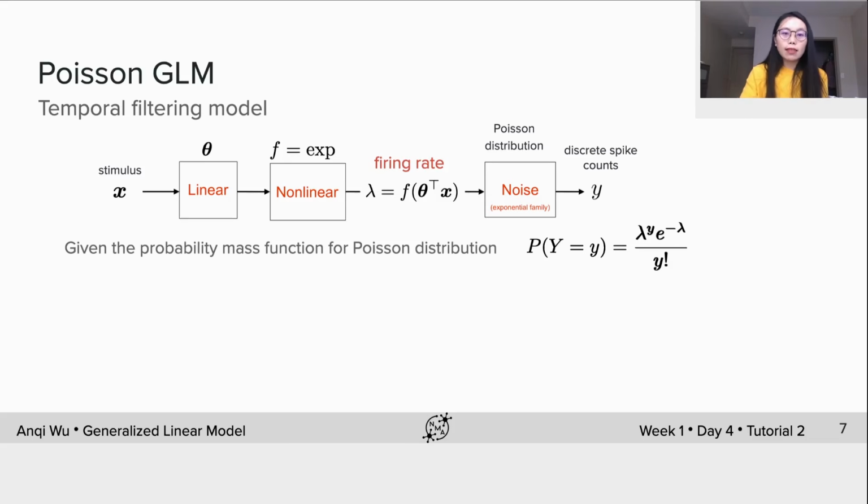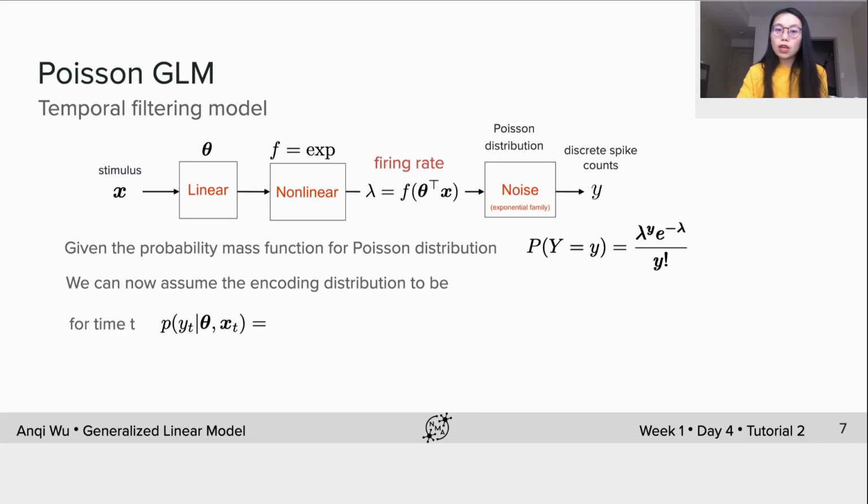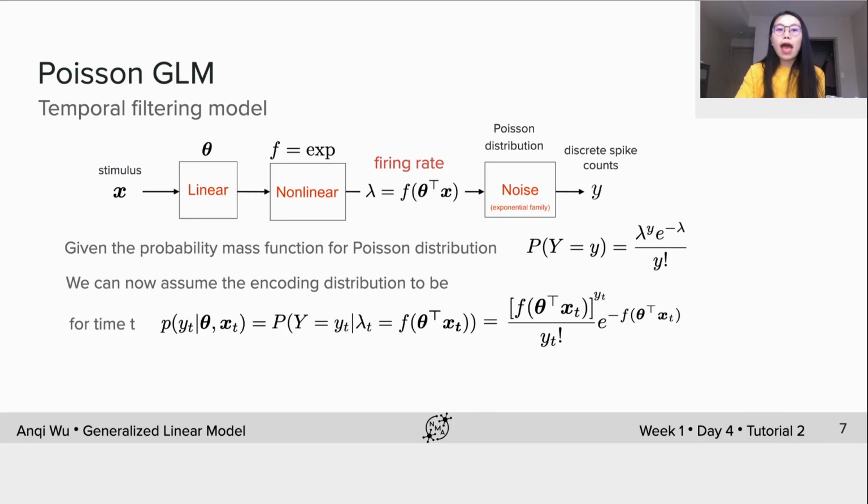Writing it in the context of the temporal filtering model, we can now assume the encoding distribution p of yt given theta and xt to be equal to the above mass function when capital Y is equal to small yt and lambda is the firing rate lambda t. We further write it out by replacing lambda with f of theta multiplying xt.